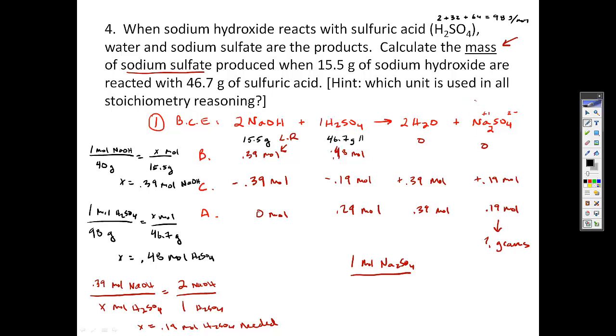So 2 sodiums is 23 each, so 46, plus 32, plus 64. That's looking like 96. Add those up real quick. 96, 102, 142. It's 142 grams.